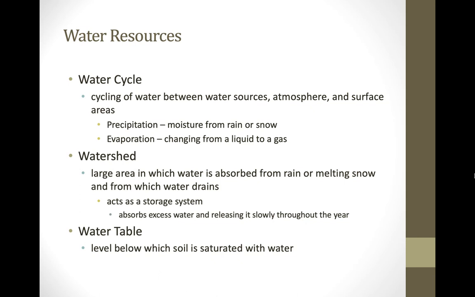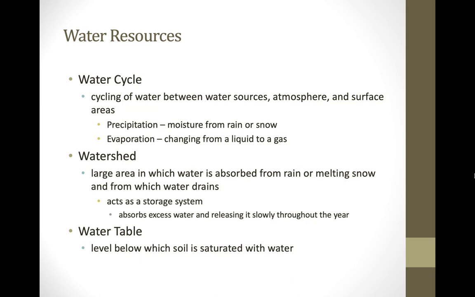Next term is a watershed. And a watershed is going to be a large area in which water is absorbed from rain or melting snow. And it kind of acts like a water system, a storage system for water. A watershed is more or less where water gathers. And so, as I'm recording this video, the remnants from Hurricane Sally are outside and they're pouring down.